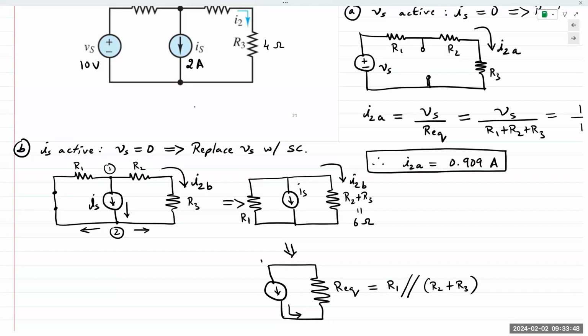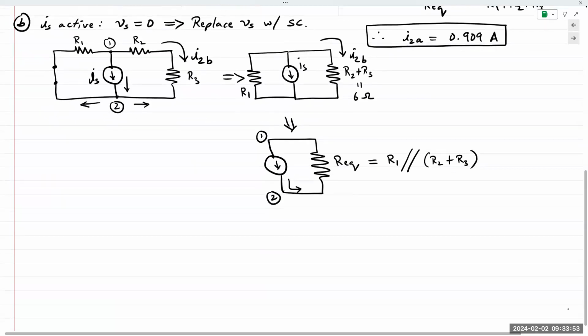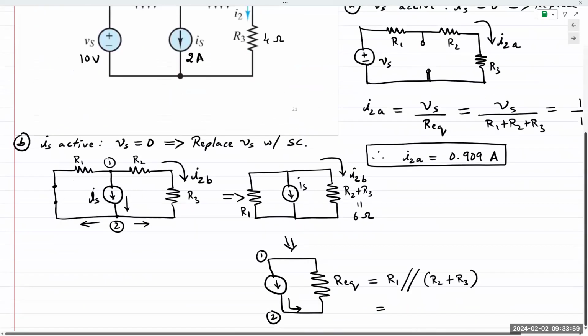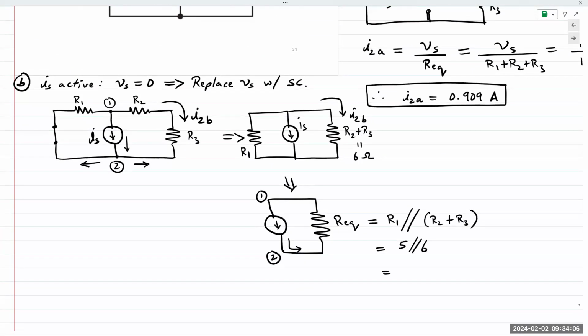The terminals still remain the same. This is 1, this is 2, and this REQ, again, R1 is, what is R1? 5. So 5 in parallel with 6. 5 times 6 is 30, divided by 11. Should give me 2.73 ohms.